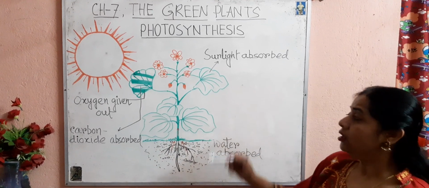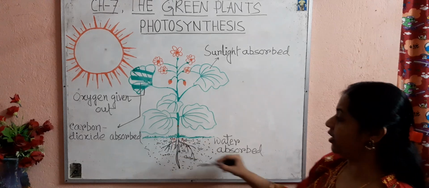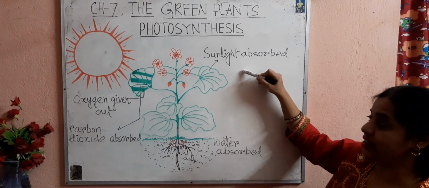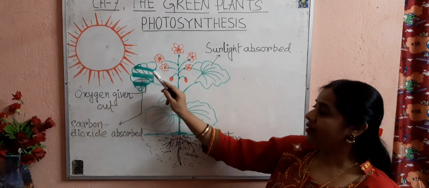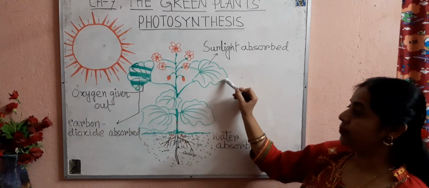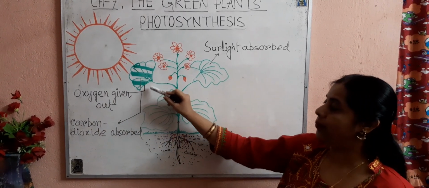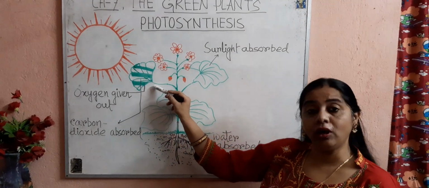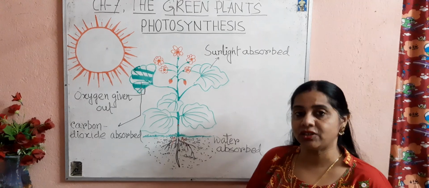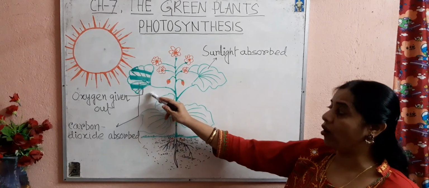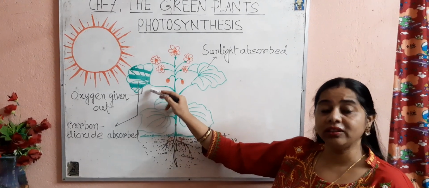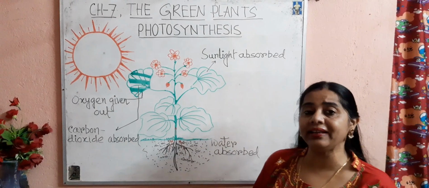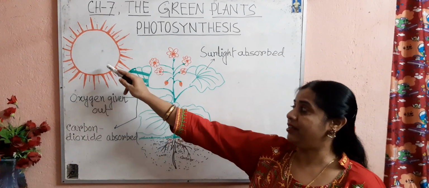So children, everybody see this figure. This is a figure of photosynthesis. Here the green leaves contain chlorophyll. And I told you in my previous class that chlorophyll is the only substance on this earth's surface which can trap or catch the sunlight.